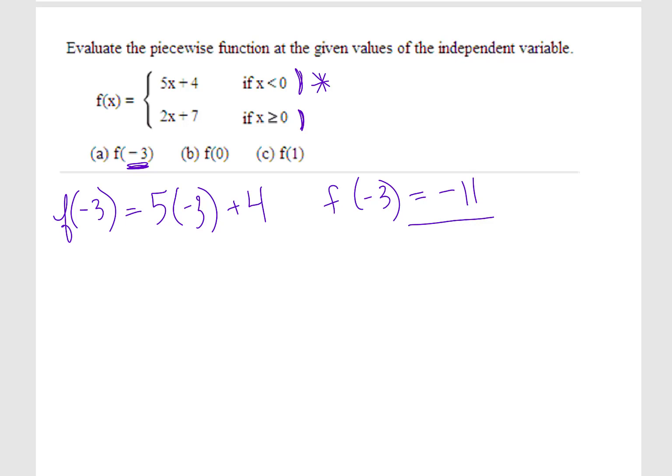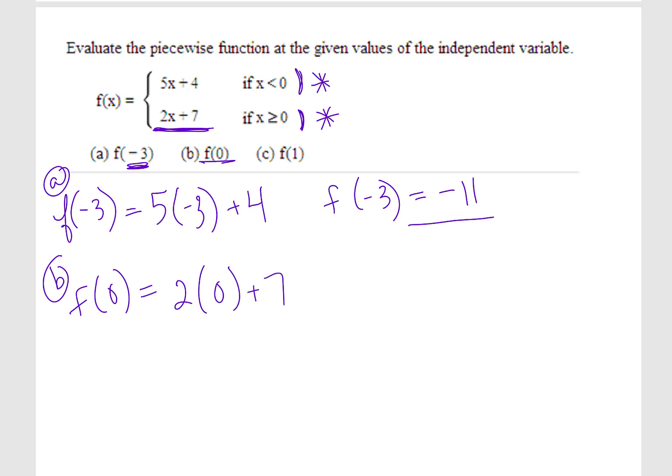Okay, F of, that's A, F of 0. Okay, that would fit into this category because if X is greater than or equal to 0, then it follows this portion of the function. So 2 times 0 plus 7.